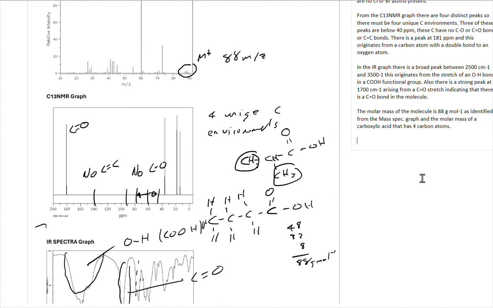So both the carbon-13 NMR and IR graphs indicate a C=O double bond, and the IR indicates that there is an OH that is part of a COOH in the molecule.